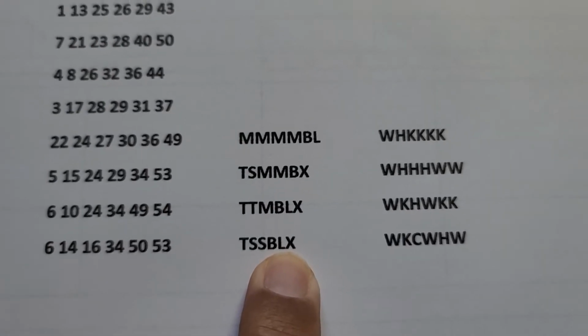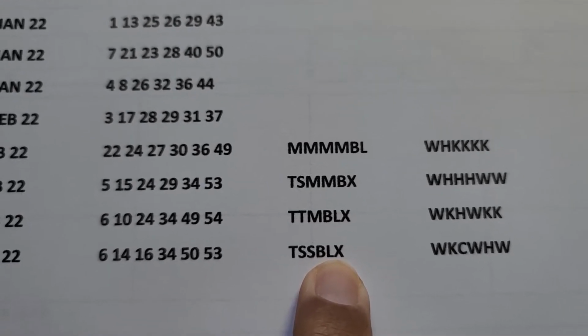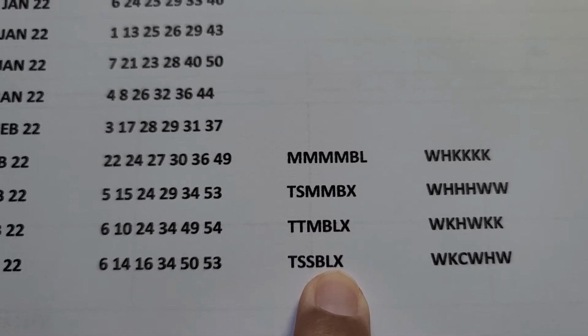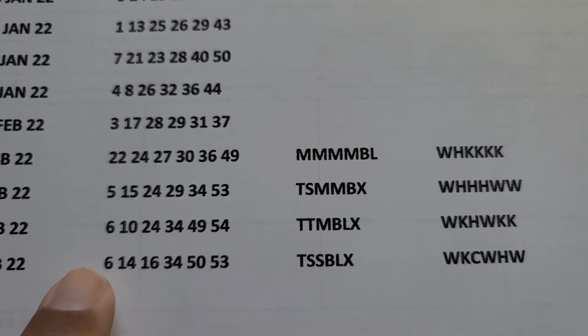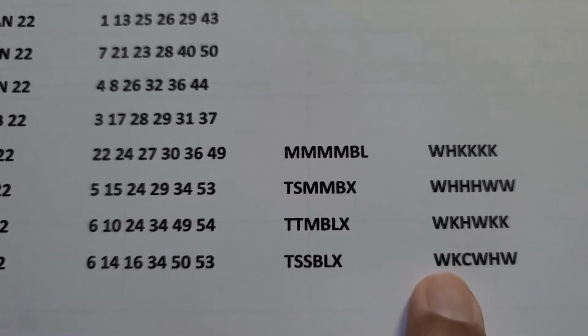The next thing is that we're looking at the frequency. Like how often did these numbers appear? 6 is a warm number.